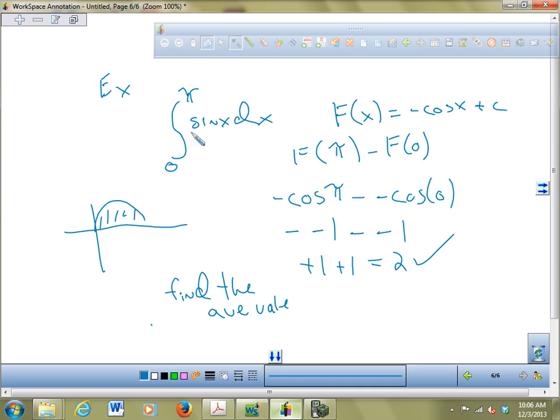How would I do that? I just divide it by pi. So the average value would be 1 over pi minus 0, times 2, or just 2 over pi. Okay? And that's the height of a rectangle that would give you the exact area underneath that curve. All right? So that's it.